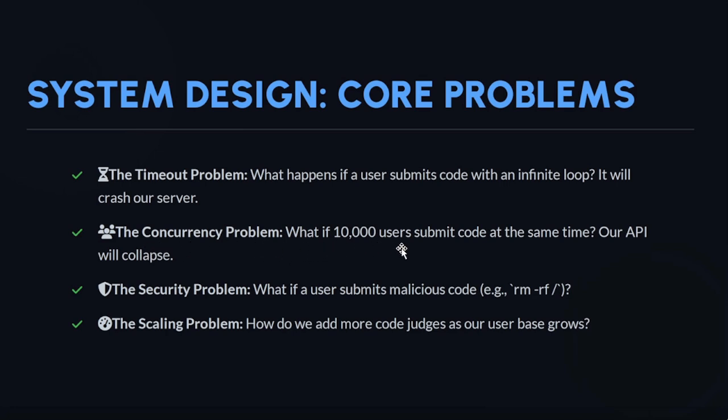What if 10,000 users submit code at the same time? Our API will collapse. Next is the security problem. What if a user submits malicious code, like remove everything? And last is the scaling problem. How do we add more code judges as our user base grows?